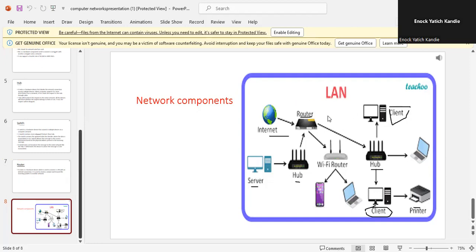In our image below, you can see we have the internet, which is also a component. We have a router, a server, a hub, a Wi-Fi router, a client, and a printer. You can see the interconnection between the several components forming a network.